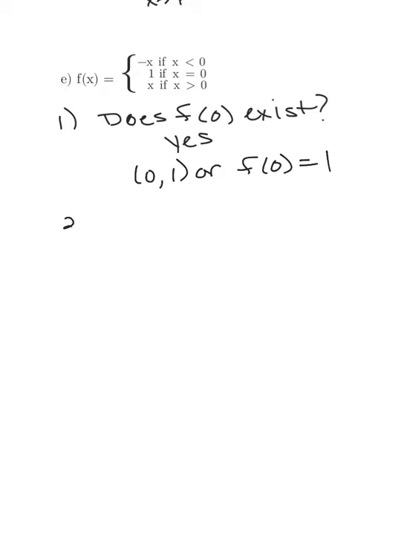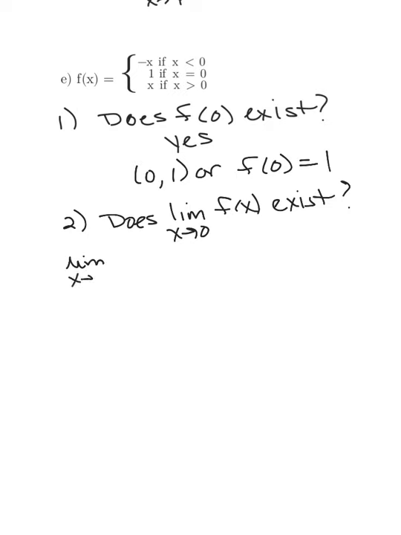Now let's think about Rule 2, which asks, does the limit as x approaches 0 for this function exist? Because it's piecewise, we need to do it from the left and from the right. So the limit as we approach 0 from the left of this function means items that are less than 0. The items that are less than 0 go with the function negative x.